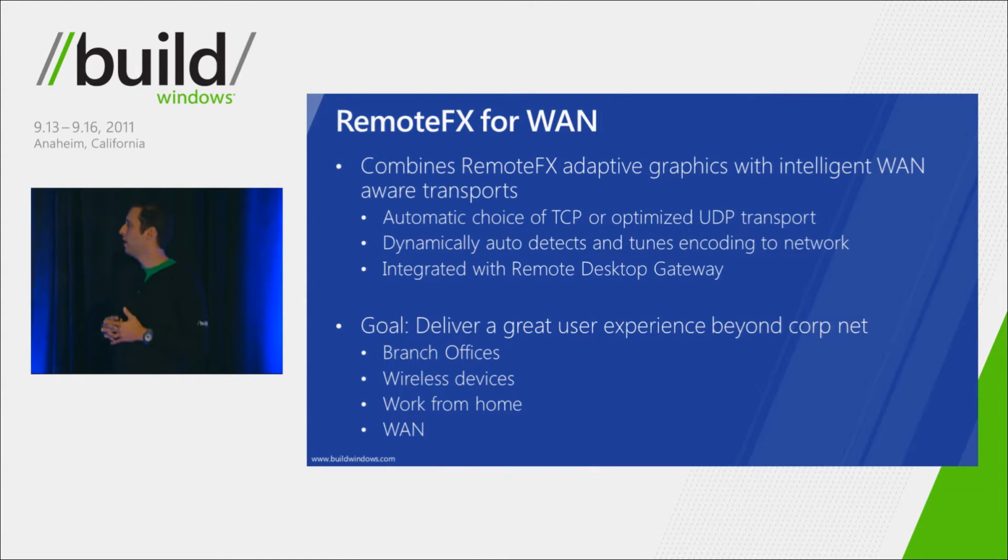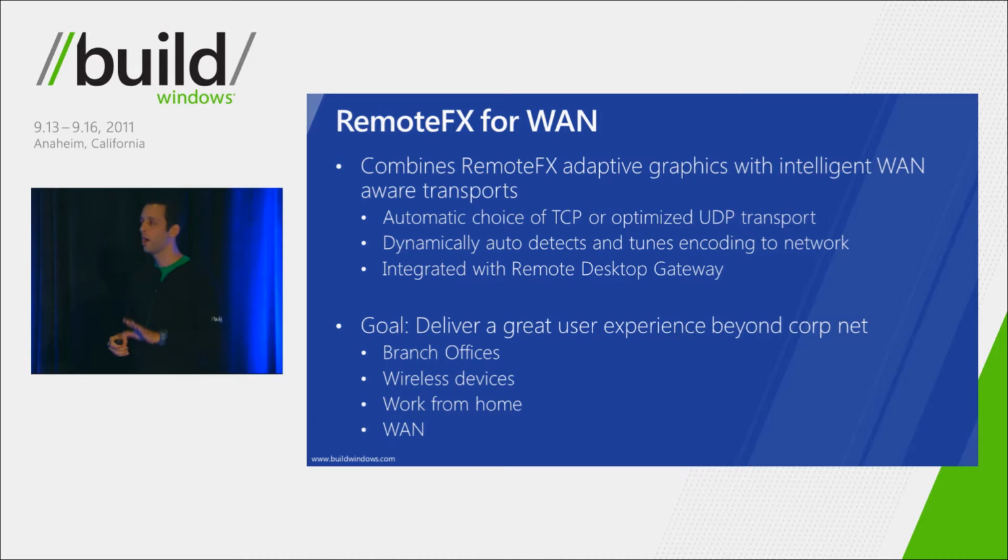So what have we done then to address the WAN challenge? We've essentially combined the technologies in the first part of the talk, the RemoteFX adaptive graphics, which itself is network aware, with new intelligent WAN aware transports. And these offer the ability to use UDP where it's available. And I want to make a very important distinction here.